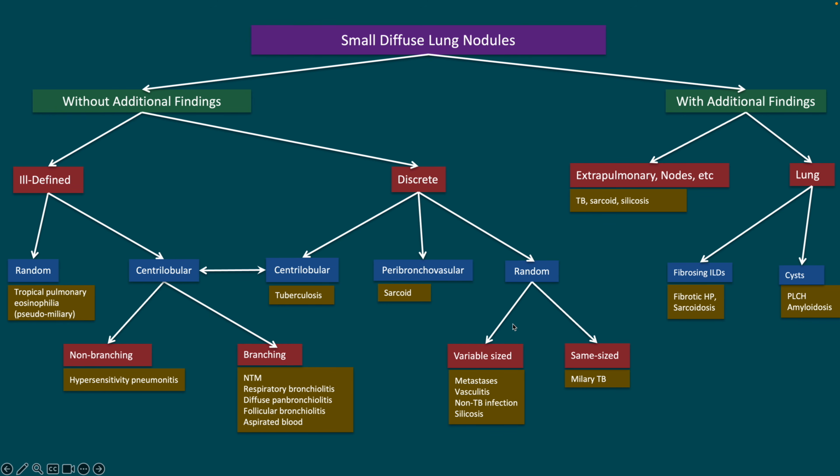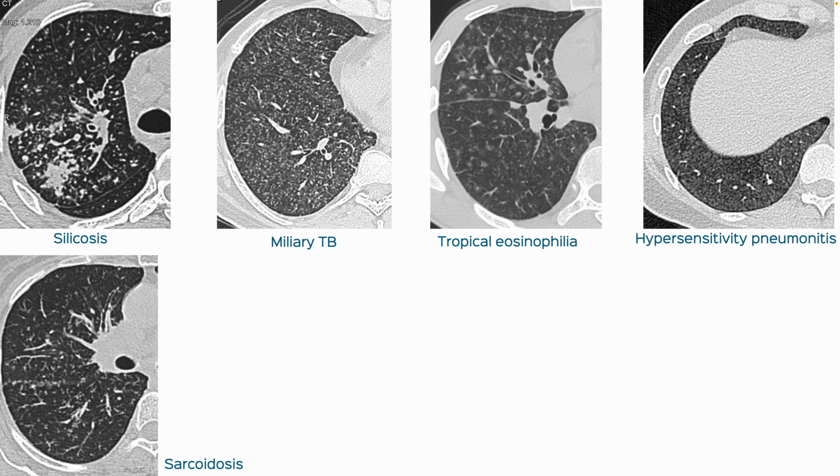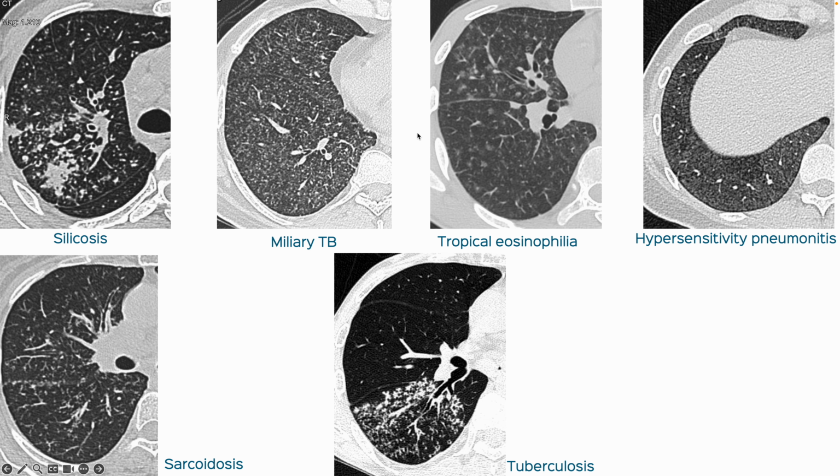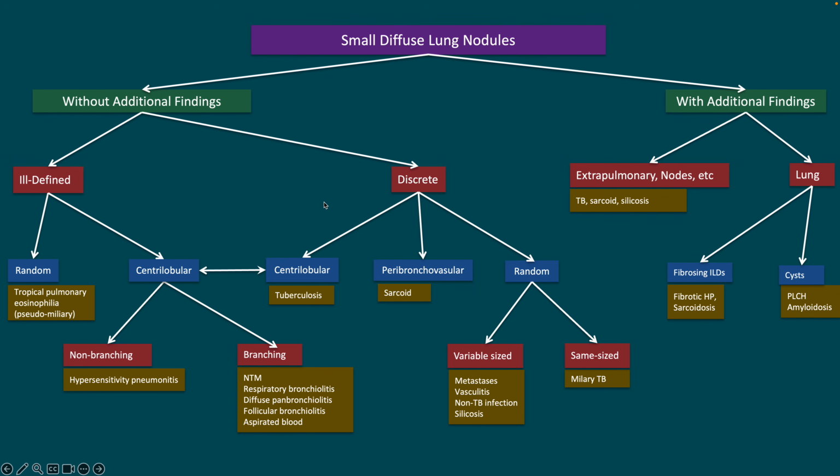Then other discrete nodular diseases, and I'll show them to you and then I'll come back to the chart. So you have all of these that you have to consider when the predominant pattern is nodular disease. This is a flow chart that I had created 3 or 4 years ago, and then I've re-updated it. And again, I did a post on this. No, I didn't.